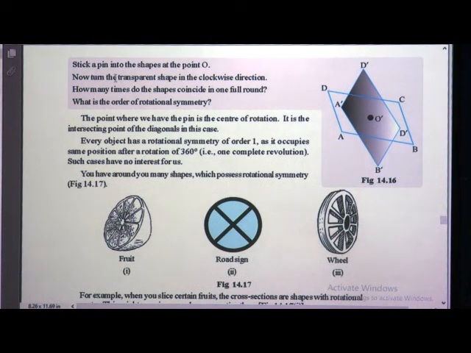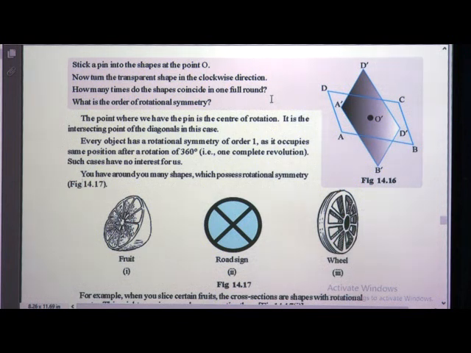So, stick a pin into the shape at the point O. Now turn the transparent shape in the clockwise direction. How many times do the shapes coincide in one full rotation?